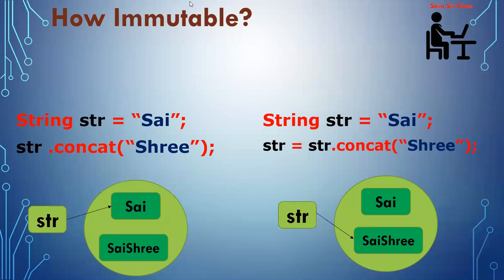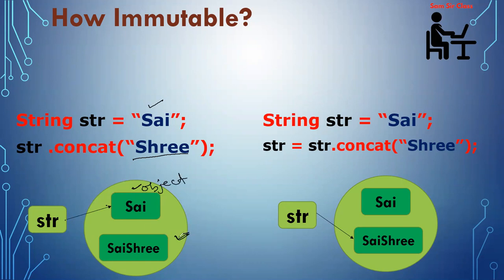In this string I am keeping one value, that is size. In this memory location, one address will be given to it, and str is currently pointing to that. Now whenever I write str.concat and pass the second string, one more object will be created. This is one object which is pointed to by str.